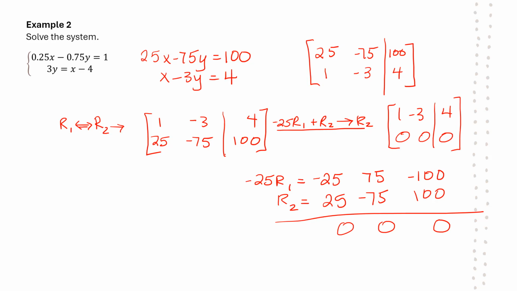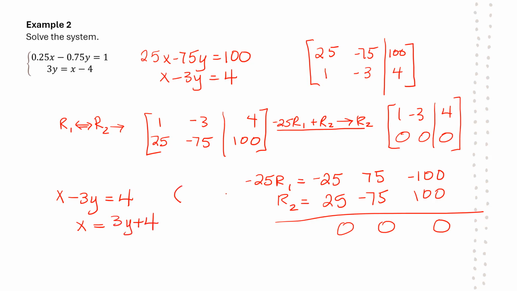It means that there are an infinite number of solutions. And so what you want to do is just give a solution that shows the relationship between x and y. So the equation we have, 1, negative 3, 4, that top row, just tells us that x minus 3y equals 4. So the relationship is that x is equal to 3y plus 4.